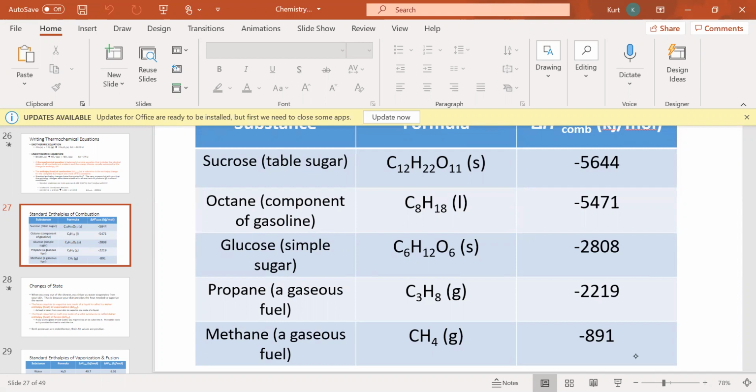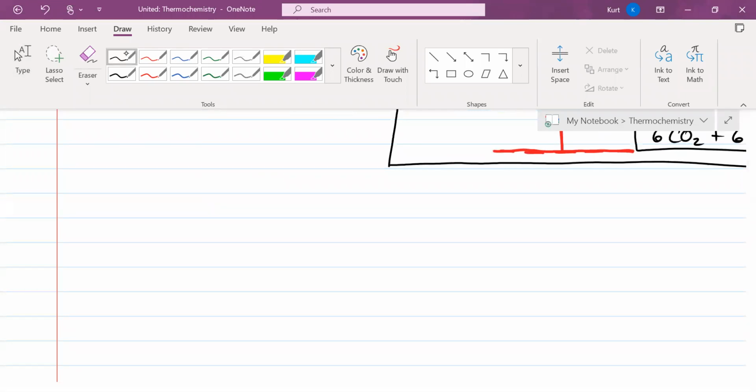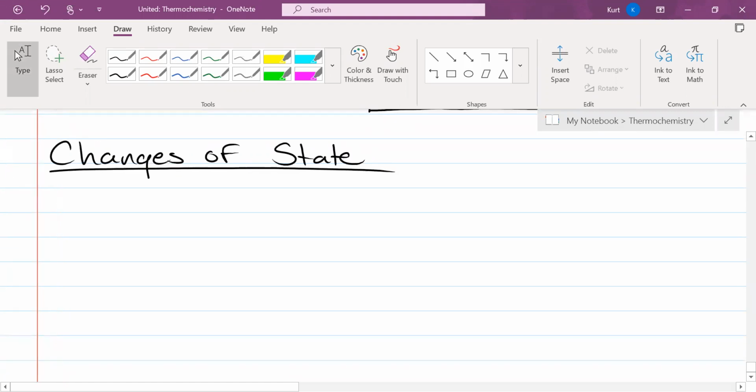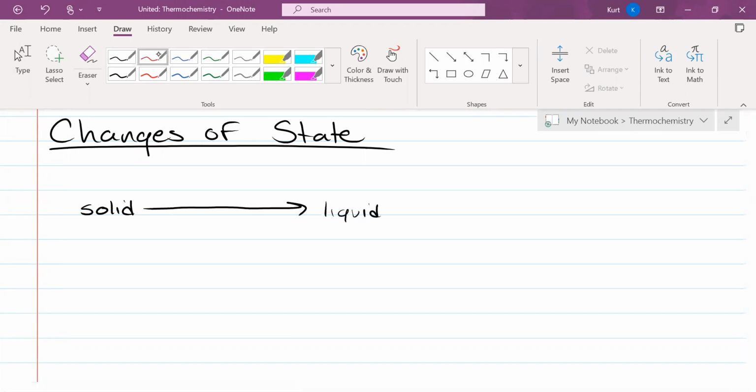All right, let's go back. I will refer back to that PowerPoint a little bit later, okay? Next, I'd like to talk about changes of state. I mean state of matter. Now, I want to make sure that we're all very clear on something. What is it called when you go from a solid to a liquid? What is this known as?